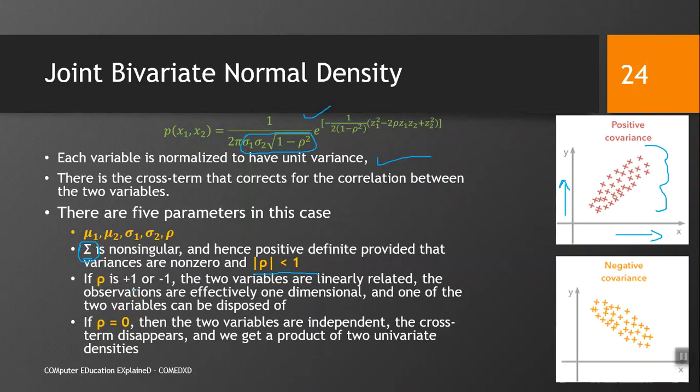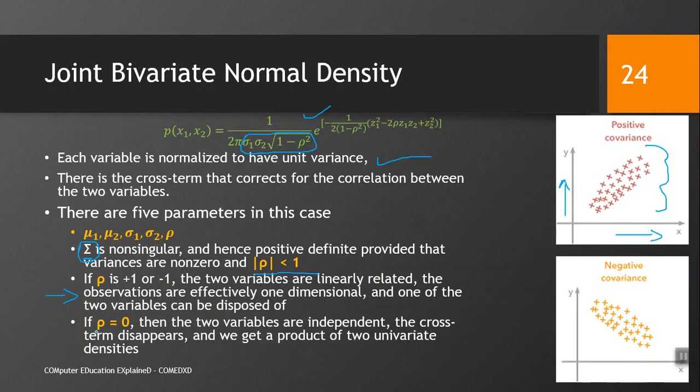If rho is +1 or -1, the two variables are linearly related. The observations are effectively one dimensional, and one of the two variances can be disposed of. Right? If rho is either 1 or -1, the two variables are linearly related with each other, so we can drop one variable because the same information could be taken from the second variable.